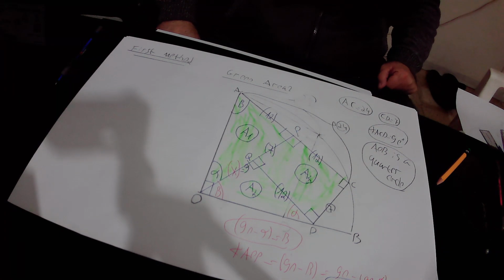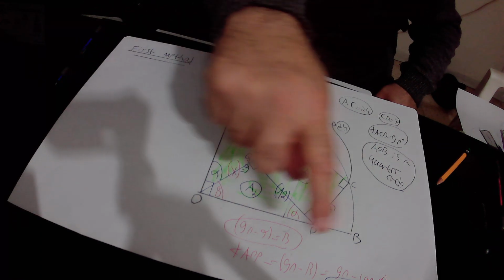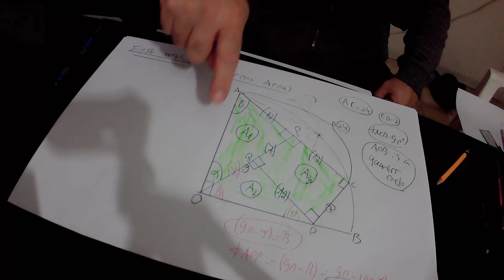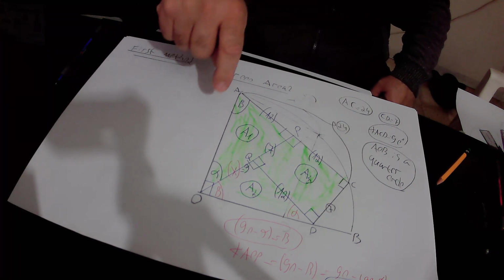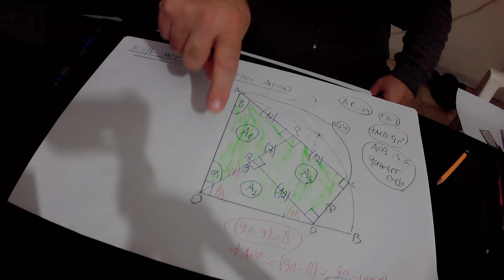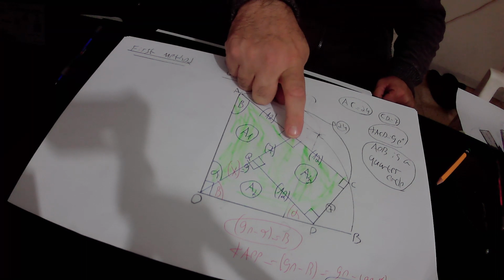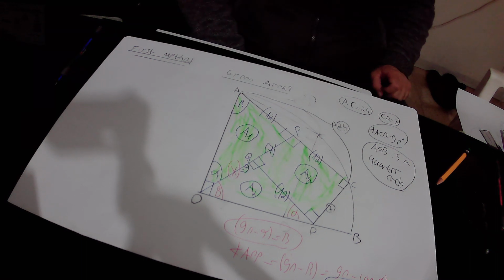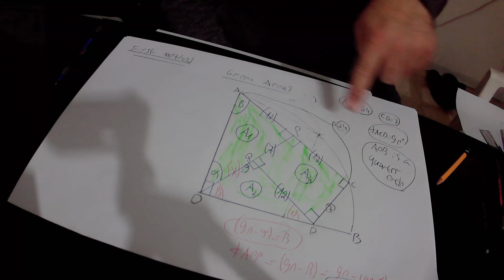Okay, so from point O, that is the center of the circle, we draw a perpendicular to chord AC. So this angle equals 90 degrees and this angle equals 90 degrees according to our construction. We define the touching point of the perpendicular from point O on AC as P.